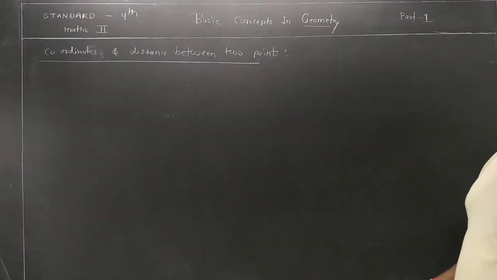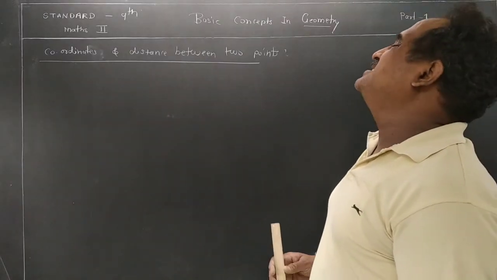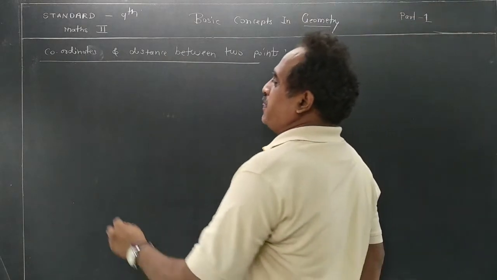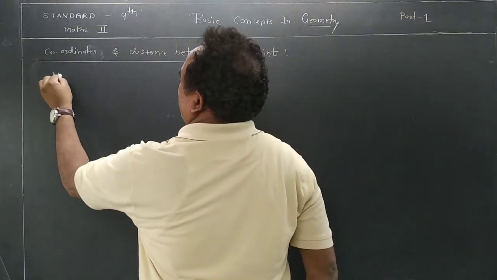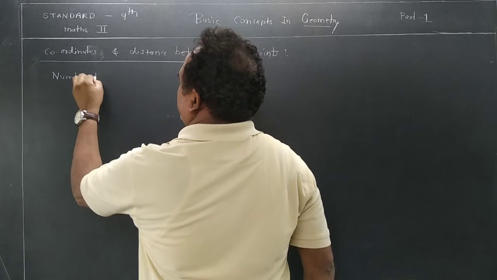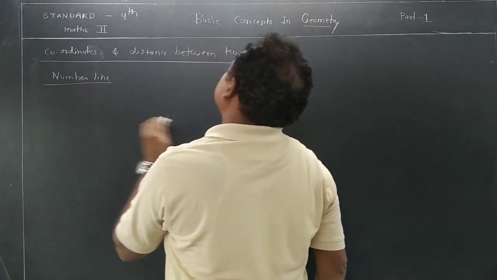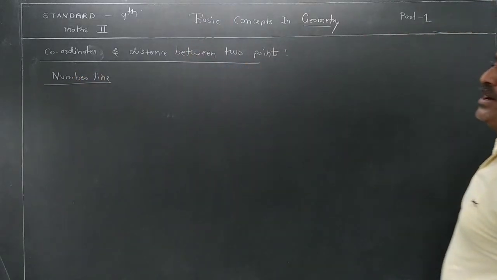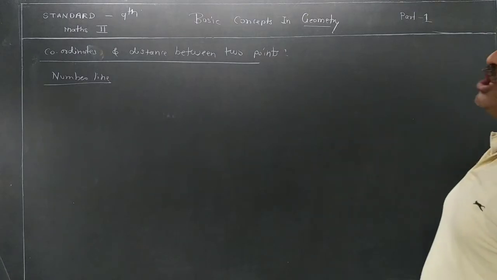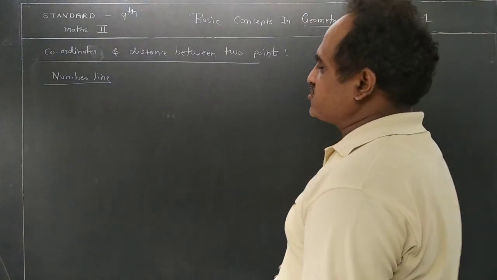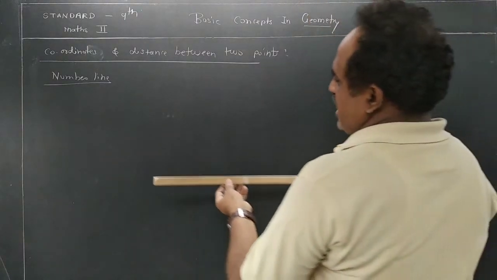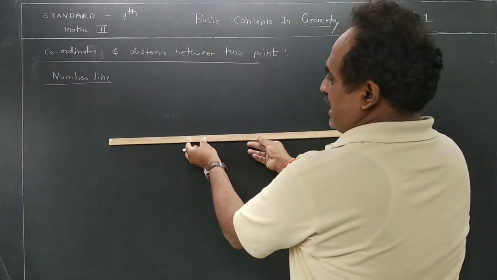Next topic is coordinates and distance between 2 points. In this we are going to study the number line, because through any 2 points we can draw a number line. We know last week we have studied it. If not, we are going to study the number line.